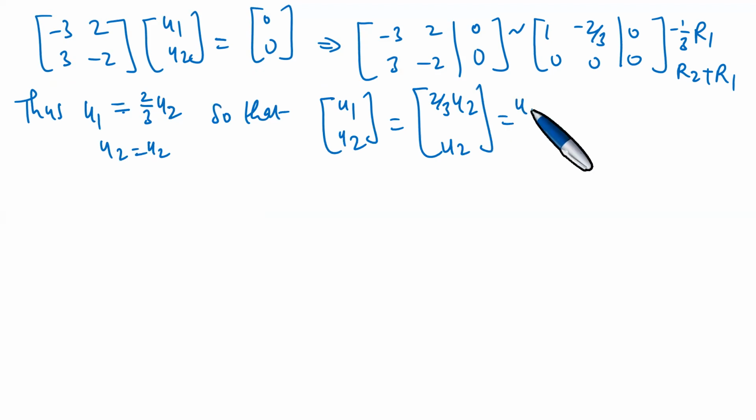We can pull out the fraction, as is popular with eigenvectors, so that we have a 2 only here and a 3 here. When you multiply again, the 3 cancels, so it's fine. We give the vectors names in this module.